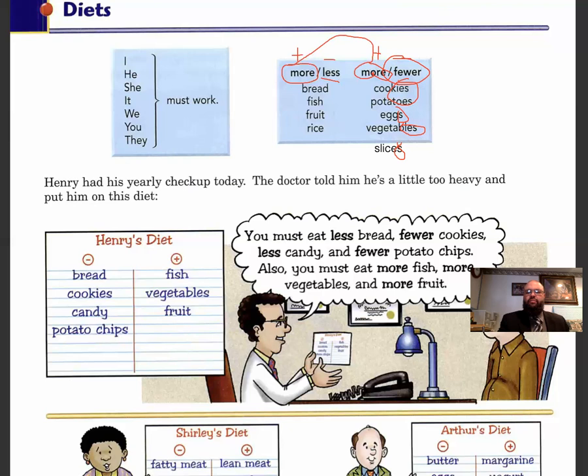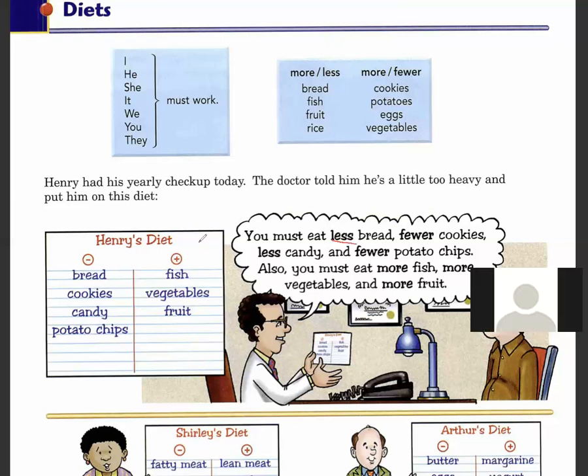Let's clear this up. All right, so Henry had his yearly checkup today. The doctor told him he's a little too heavy and put him on this diet. You must eat less bread, fewer cookies, less candy, fewer potato chips.